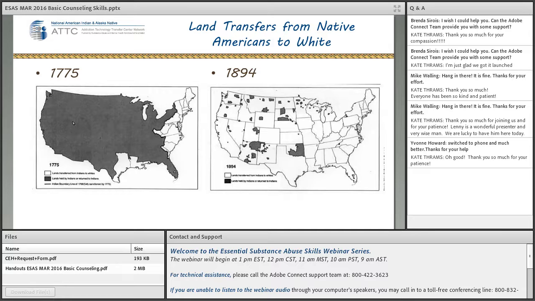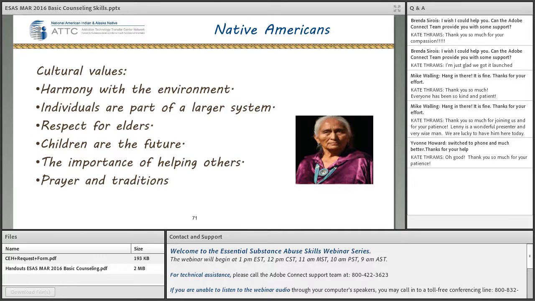I work with different individuals where the Native person may have been born in a city and has never lived on a reservation, versus individuals who have grown up on a reservation and then have moved to the urban area. So their ideas and their thinking is different, and having to be respectful about that, and understanding of where they're coming from.